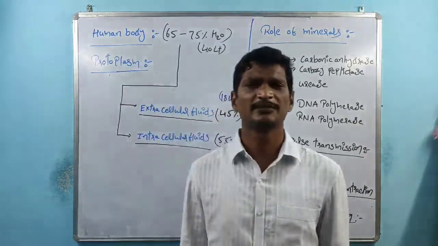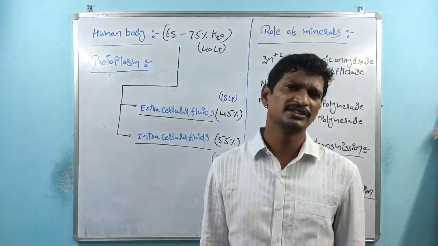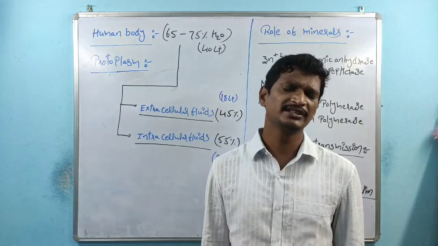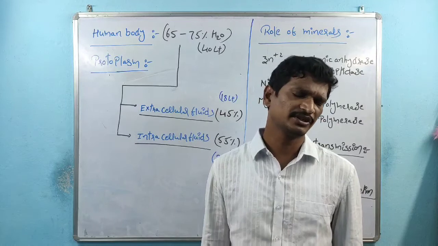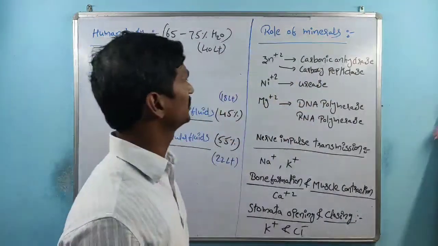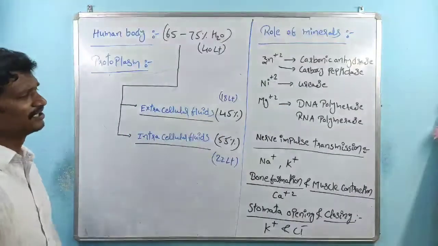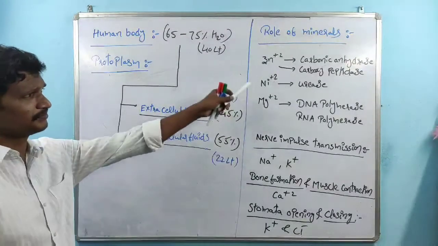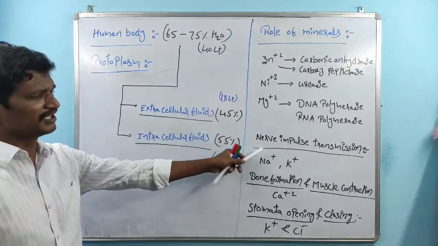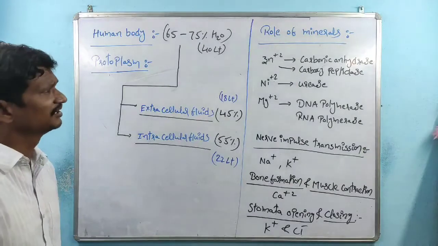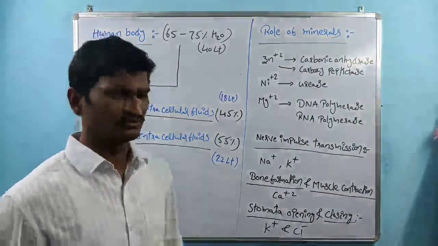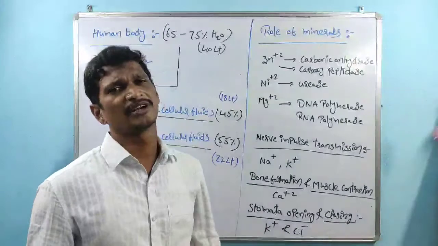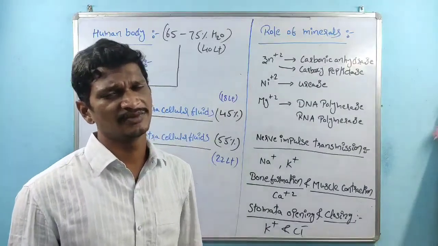So that is about the role of minerals in the activation of enzymes, and these are very general examples. In the next class we'll discuss metabolites, primary and secondary metabolites.